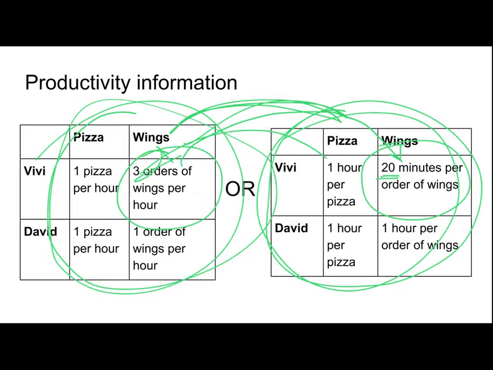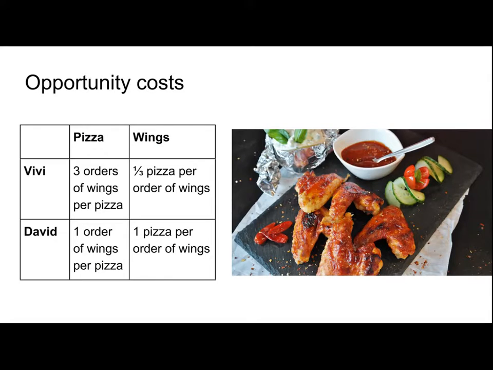I actually have gone over that in one of the wrap-up screencasts, so I won't beat that to death. But suffice it to say, you have to convert the information on productivity to opportunity costs. There's an easier way to do that I'm going to tell you when I get to the graphs of this problem. That's probably the easiest way.